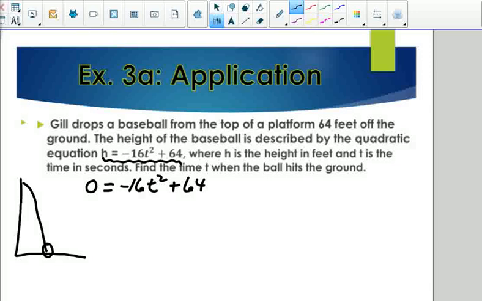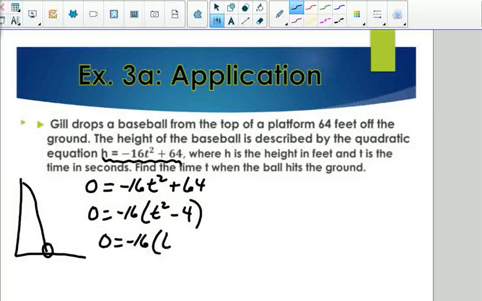Let's take out a negative 16. So I have 0 equals a negative 16 times t squared minus 4. And now you can see in parentheses, I have a difference of 2 squares. So 0 equals a negative 16 times t plus 2 times t minus 2.